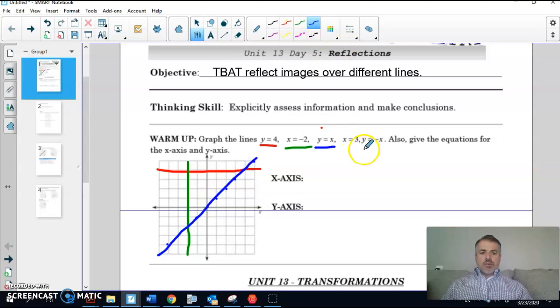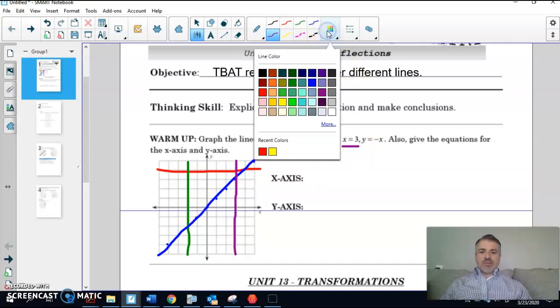Then it wants me to do x is equal to 3. Again, x is equal to a number means it's vertical. x is equal to 3 would be over here vertically like this. Then y is equal to -x, so that's going to be that diagonal line.